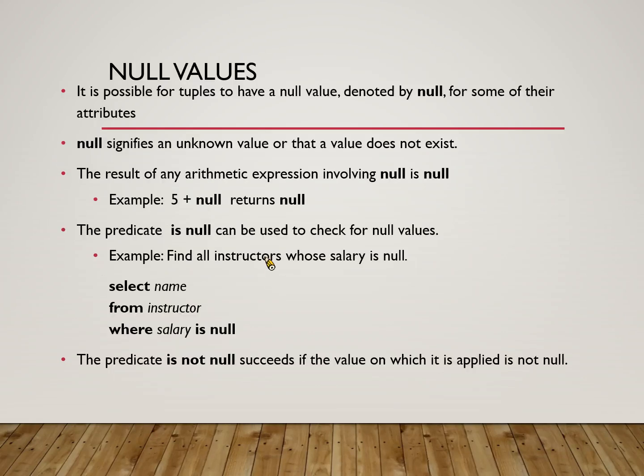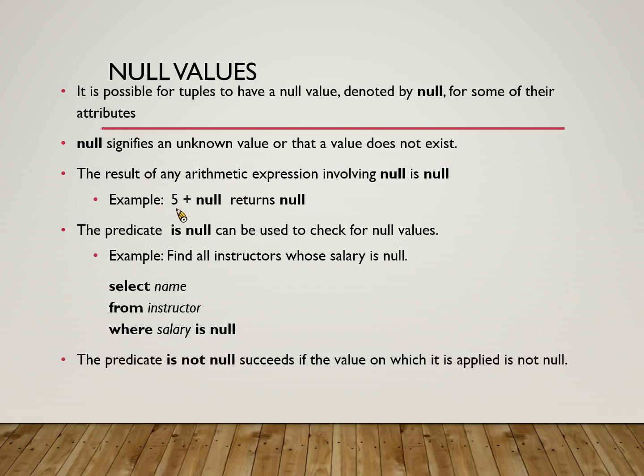As to null values, it's possible for tuples to have a null value, denoted by null, for some of their attributes. Null signifies an unknown value or that the value does not exist. The result of any arithmetic expression involving nulls is null.